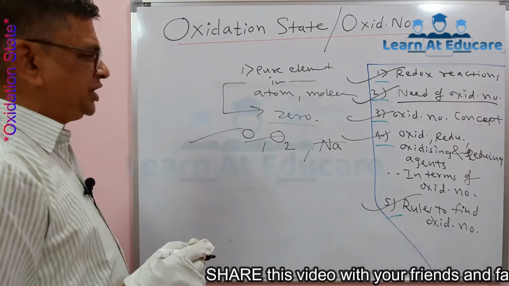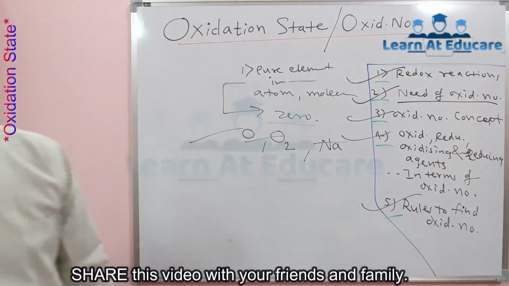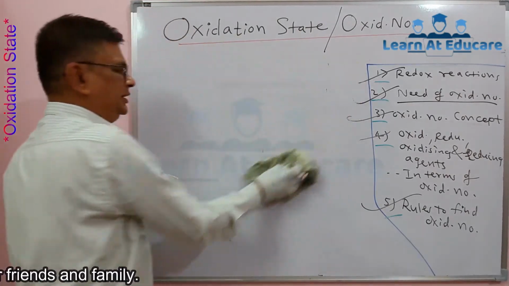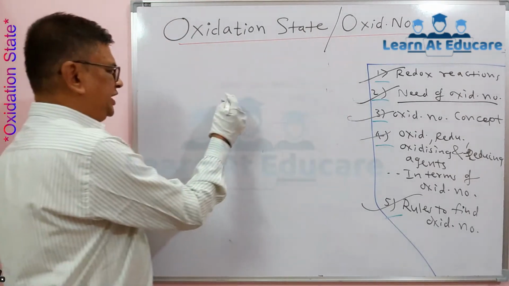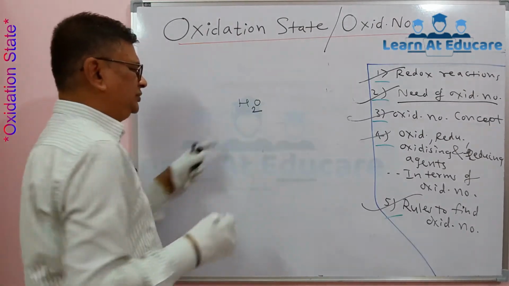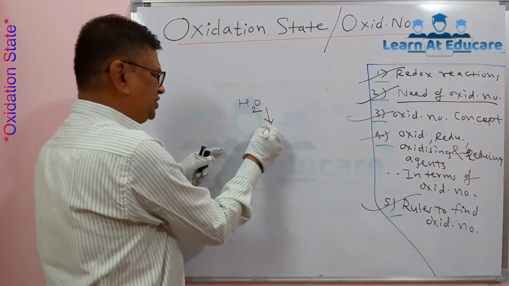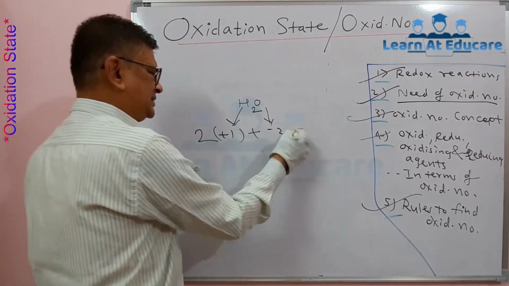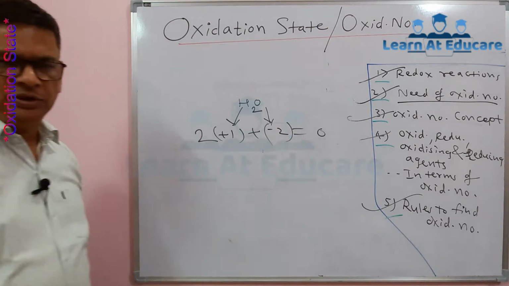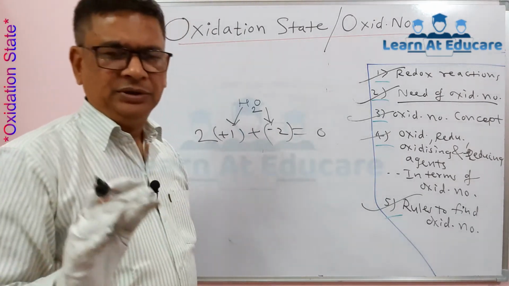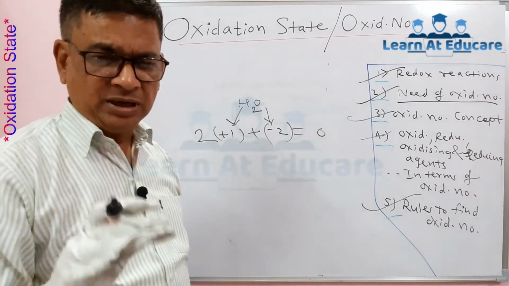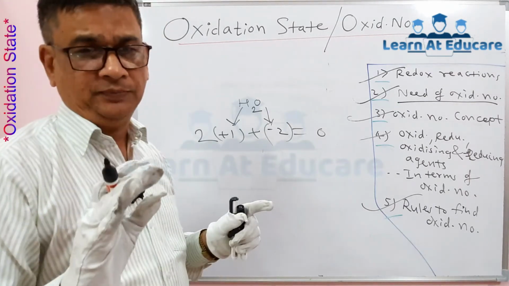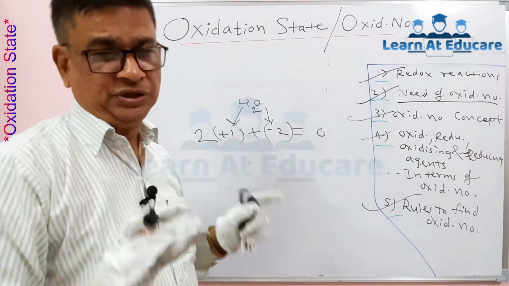Then the oxidation number in a compound is equal to the charge on that particular atom. For example, the oxidation number of oxygen in H2O is minus 2, but that of hydrogen is plus 1, and there are 2 hydrogens, and hence can you see this sum is 0. So the important rule is that the sum of oxidation numbers of all elements present in a molecule of a compound is always 0.